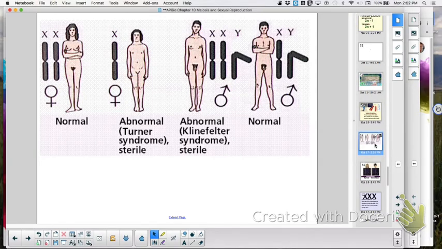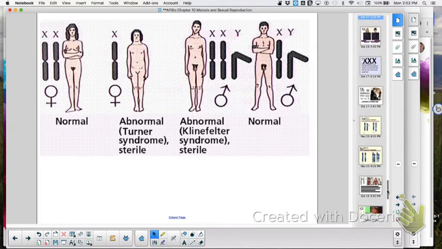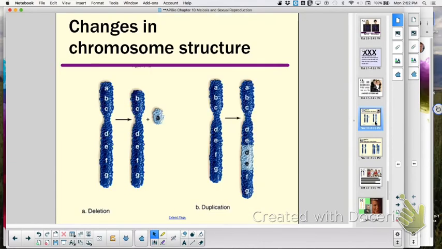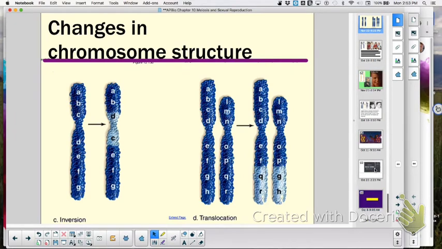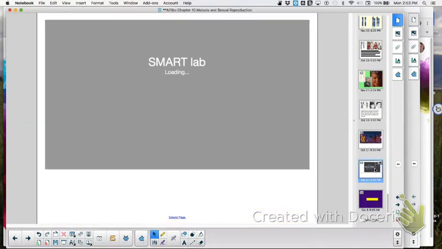Then we also talked about a monosomy and Turner syndrome, a sex chromosome, and a trisomy for an extra chromosome, Klinefelter's XXY. And then we finished up by talking about additions and deletions and inversions and translocations. And then I have some questions for you here.